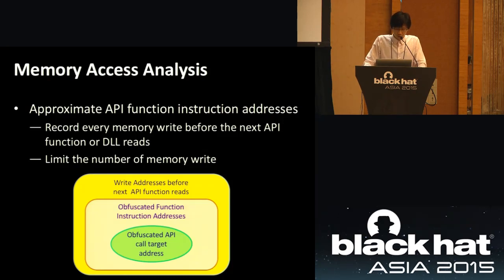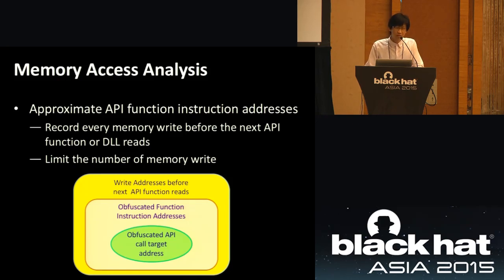As you can see in the diagram, obfuscated function instruction addresses contain one obfuscated API call target address, and obfuscated function instruction addresses are contained in the write addresses before the next API function reads. So we record every memory write before the next API function or DLL read, on DLL, next DLL.